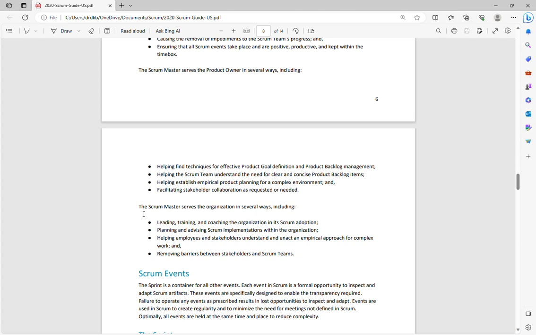Next one is how the Scrum Master serves the organization. First one is leading, training, and coaching the organization in its Scrum adoption.